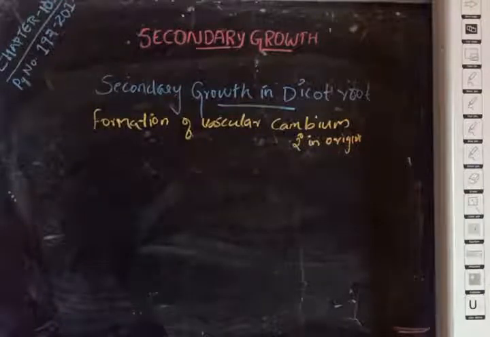Now, how is the vascular cambium originated? It originates from the conjunctive tissues located just below the phloem bundles and a portion of pericycle tissues present above the protoxylem to form a complete and continuous wavy ring.